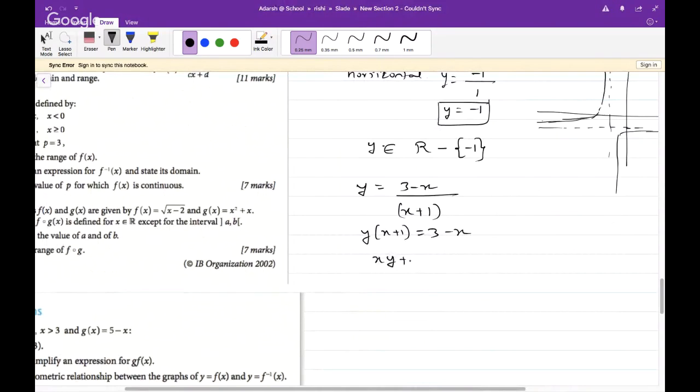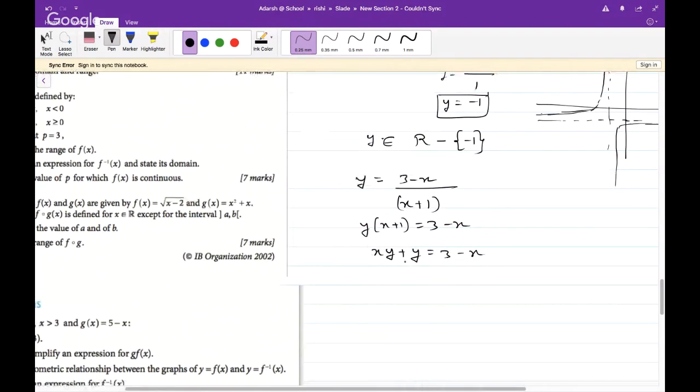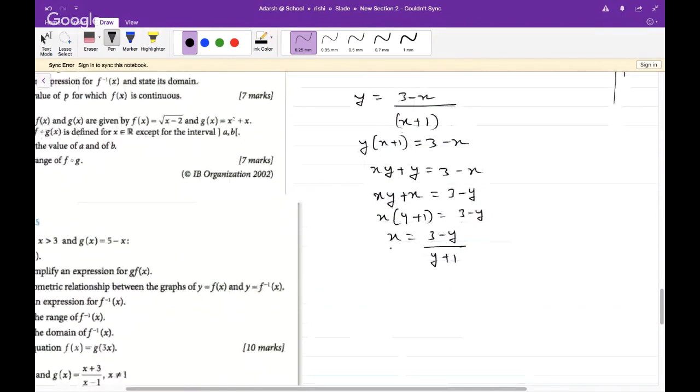So xy plus y is equal to 3 minus x. Bring the x terms to one side: xy plus x is equal to 3 minus y. So x times (y plus 1) is 3 minus y, so x is equal to (3 minus y) divided by (y plus 1). Now interchange x and y and write this x as f inverse of x, so (3 minus x) divided by (x plus 1).